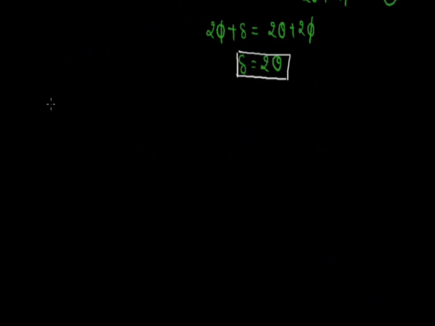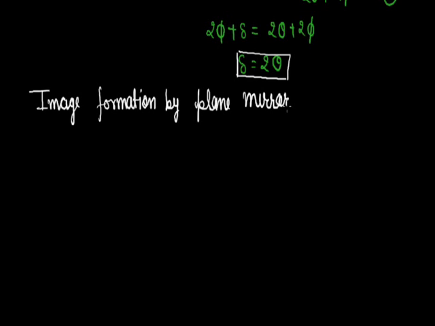Now next is image formation by a plane mirror. First of all, we form an image of a point object. What is a point object? A point object means one that has no dimension.